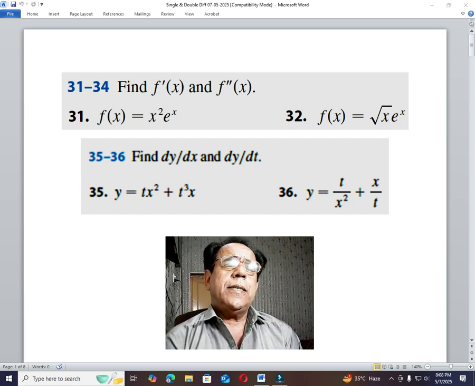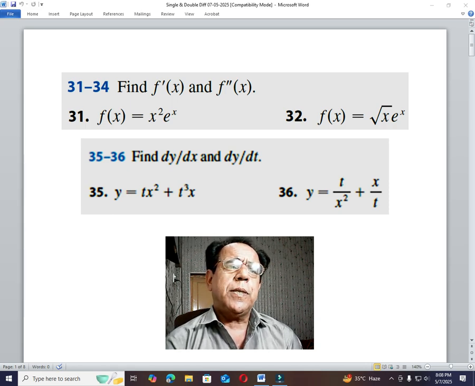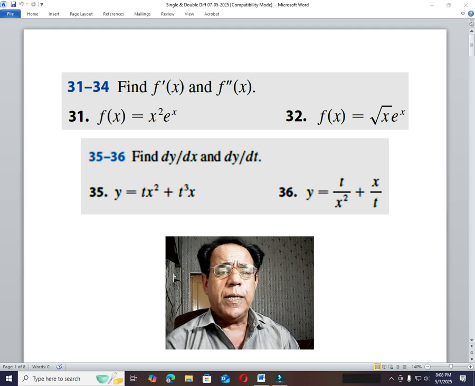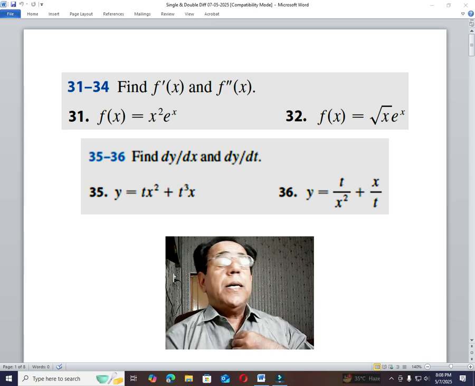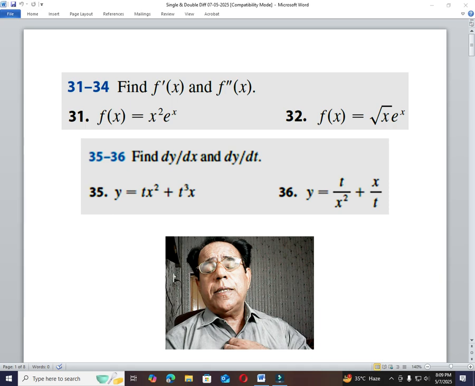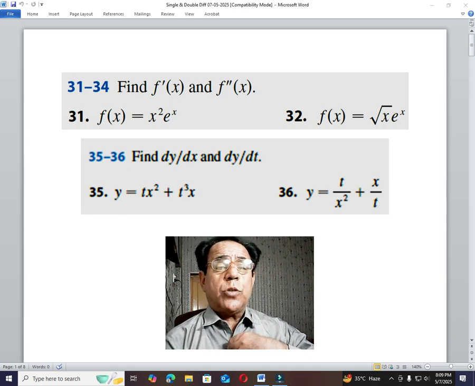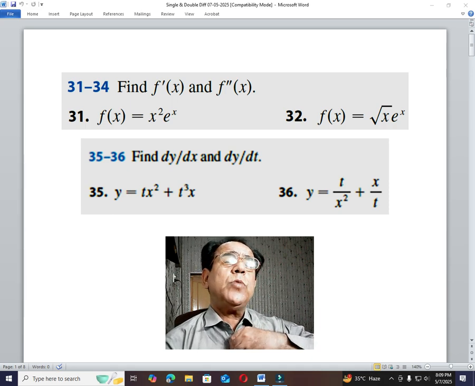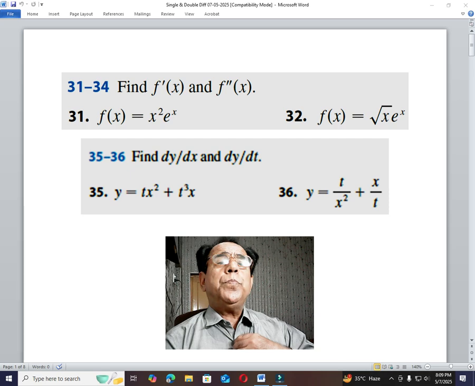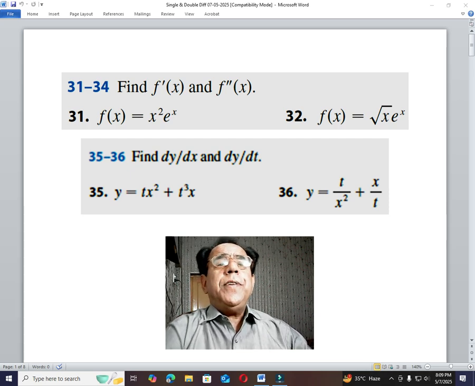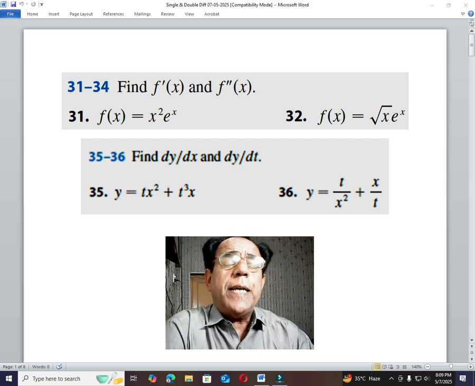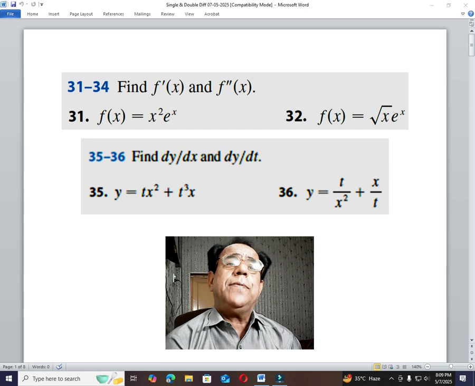And the remaining two problems are problem number 35 and 36 from the same book. Okay, dear students, in the first two problems we are going to find the first and second derivative.